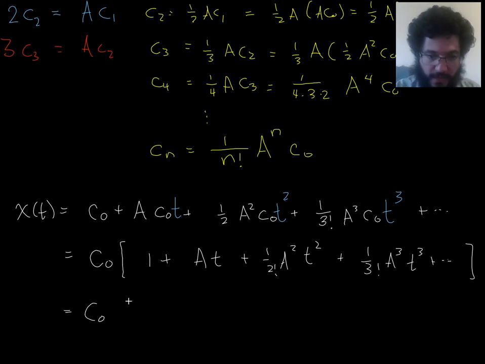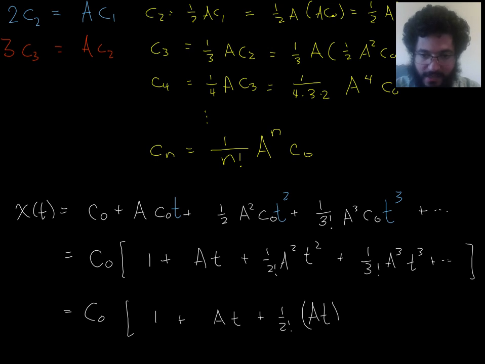Actually, you could view it like this. I'm just writing the same thing, but I could write at all squared here, right? A squared t squared is at squared. At cubed here, and so on.